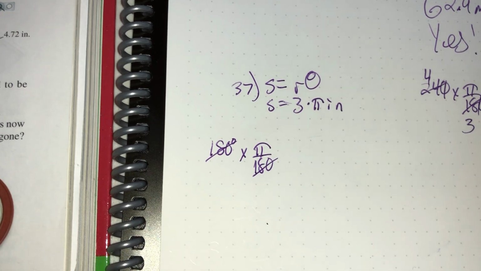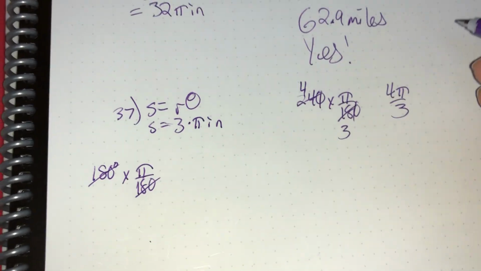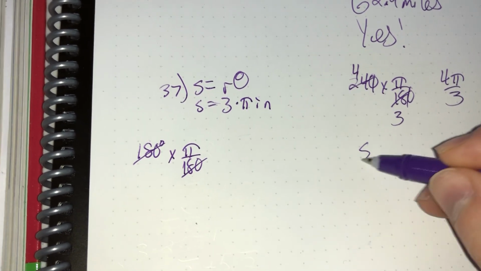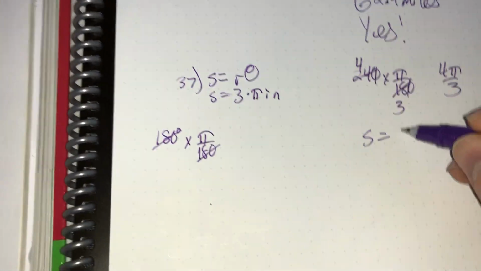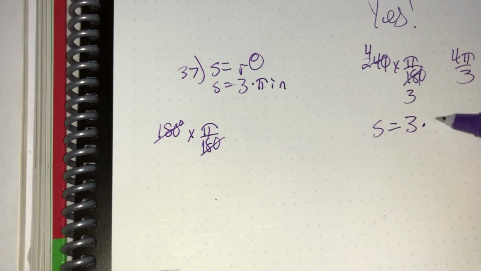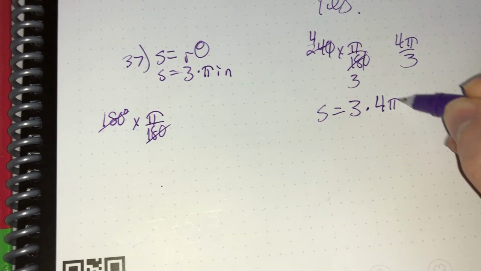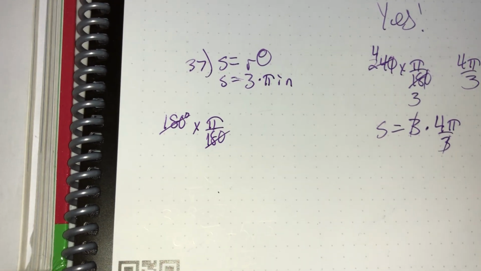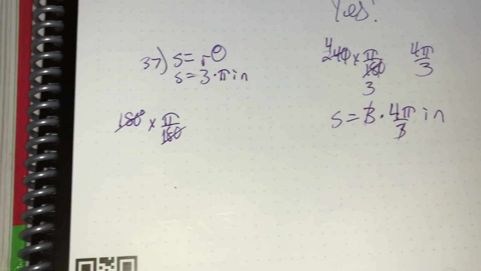So it's 4 pi over 3. That's theta. So S equals R, which is still 3 inches, times theta, which in this case is 4 pi over 3. So the 3's cancel, so I'm left with just 4 pi inches for that one.